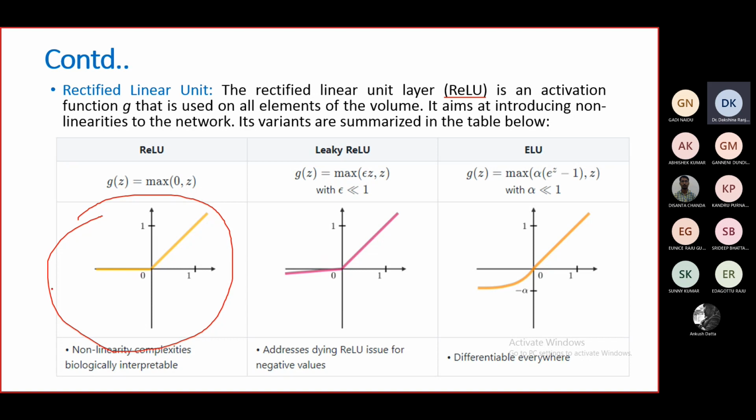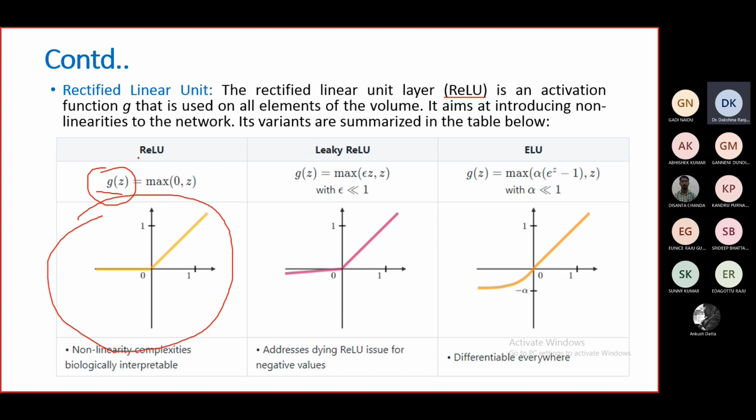Whenever we get some negative value in the output, that negative value turns to be 0. Whatever is the maximum between 0 and z will be considered as the output g(z). So g(z) becomes the maximum of 0 and z.